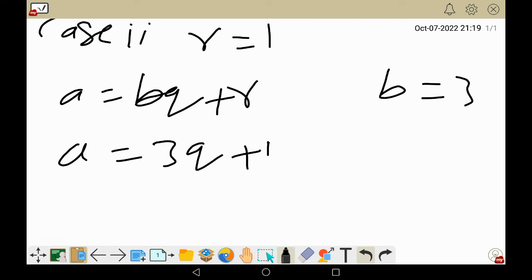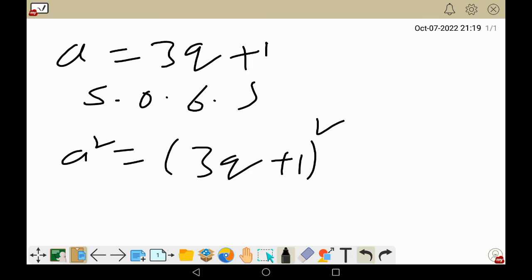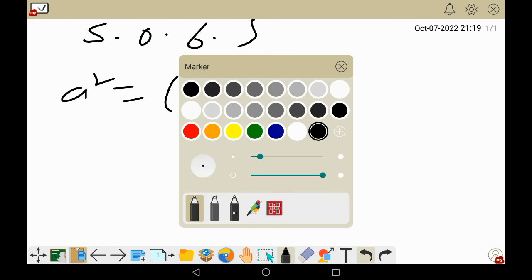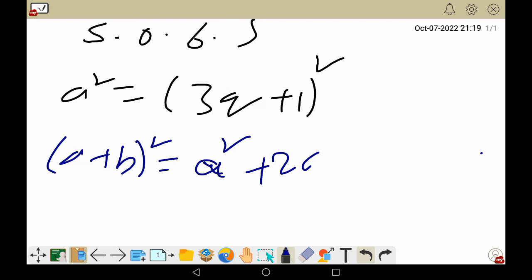As the question is about squares, take squaring on both sides. A square is equal to 3q plus 1 whole square. This is in the form of A plus B whole square, so we apply the formula: A plus B whole square is equal to A square plus 2AB plus B square.